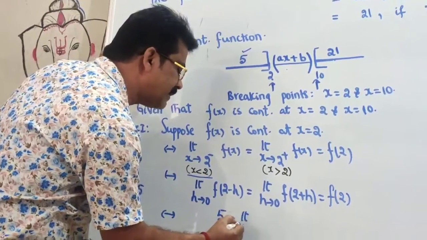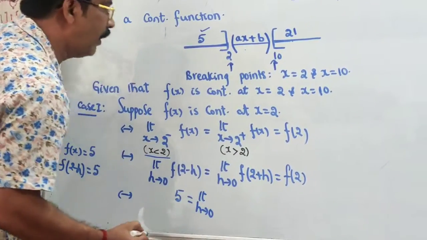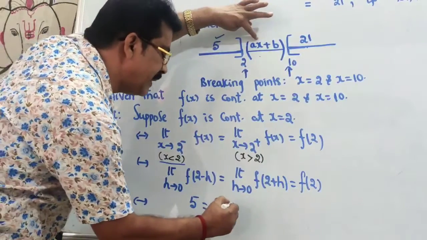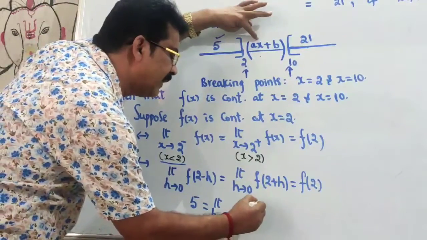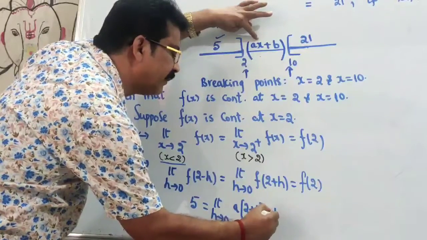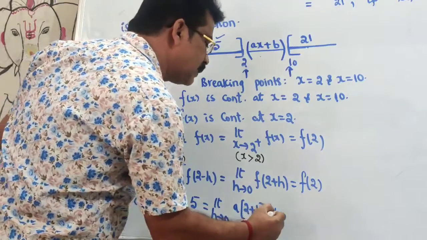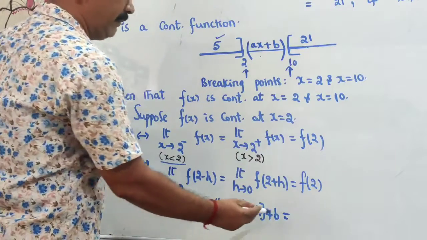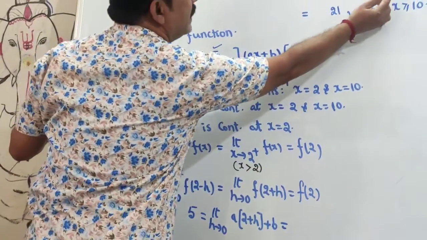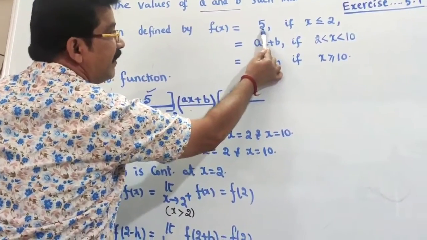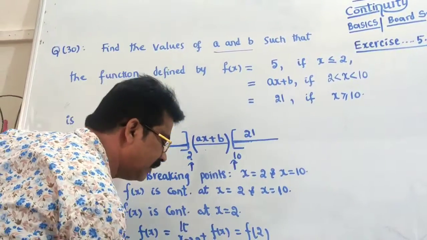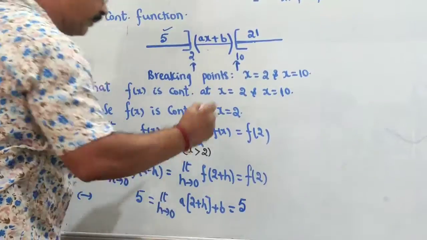So limit h tends to 0, the function is ax plus b, x means 2 plus h, plus b. So that is equal to f of 2. F of 2 is in the case of x less than or equal to 2, where f of x is defined as constant 5. So that is equal to 5.